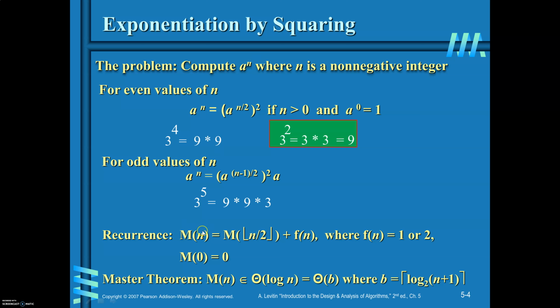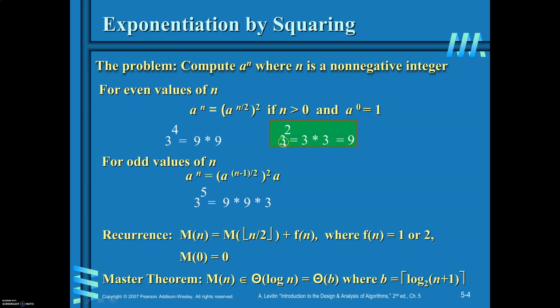If you want to count how many multiplications are performed to find a power n, then you need to know how many multiplications are done when the problem is reduced to half, plus f(n). That is, if you want to find the solution for a power n, you need to know a power n by 2. So here, when n is even, you are doing one multiplication. Look at here, 3 power 4.